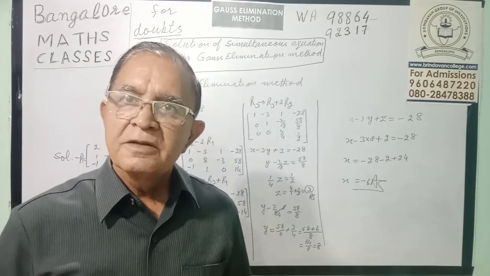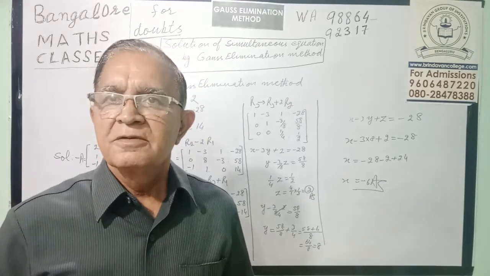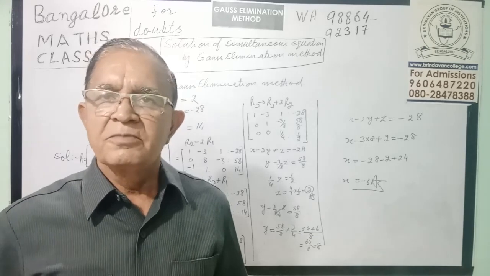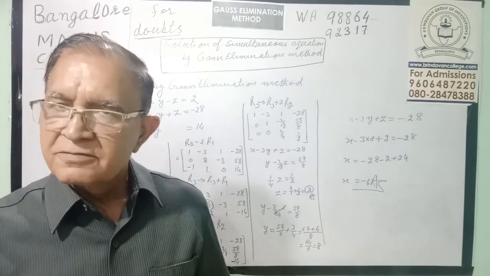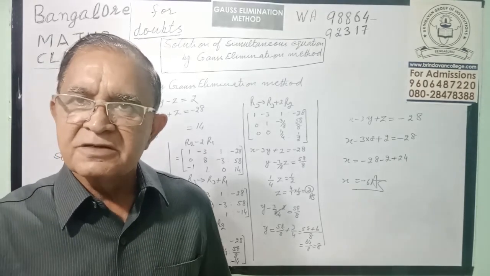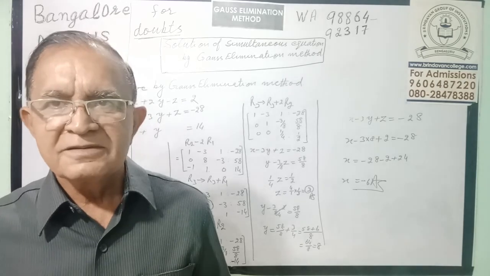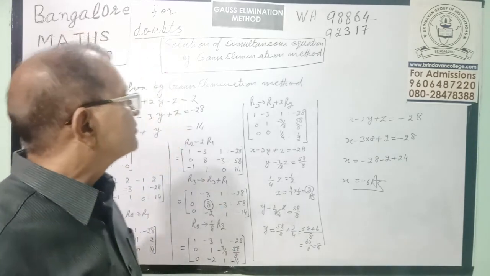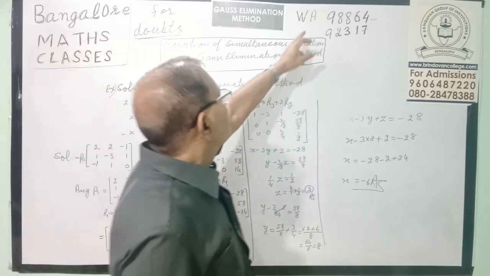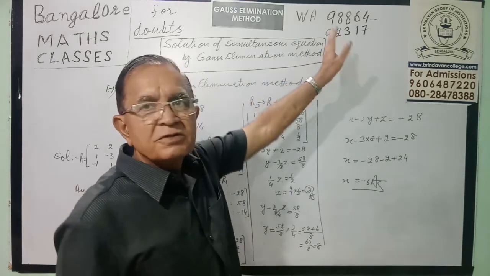Go through the steps and solve the sum yourself. Then where you are getting the problem, see it. If you will not solve it, you will just read it, you won't be able to solve in the exam. So please solve it yourself, and in case of any doubt, my WhatsApp number is 9886492317.